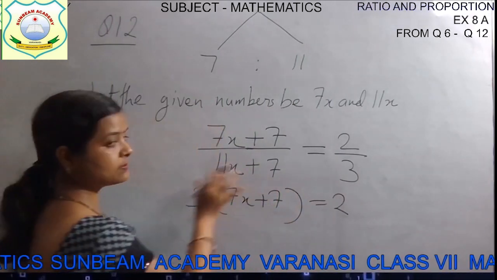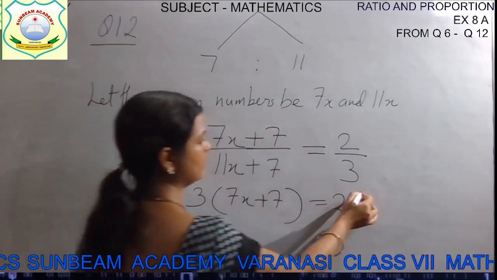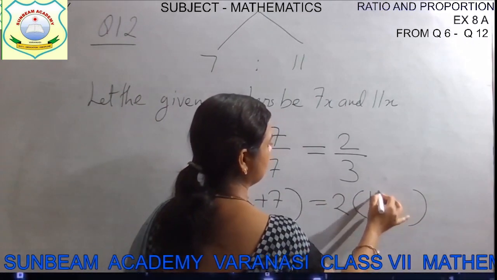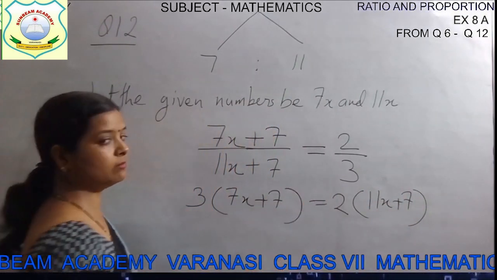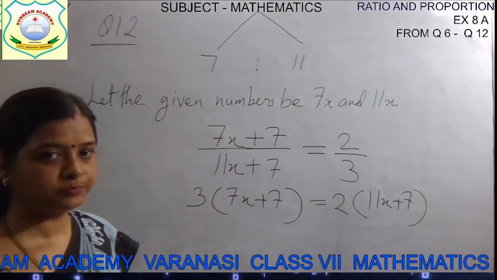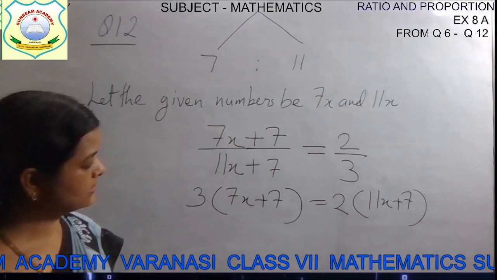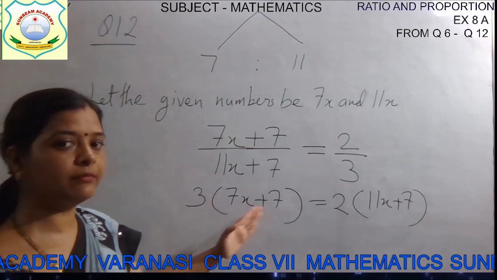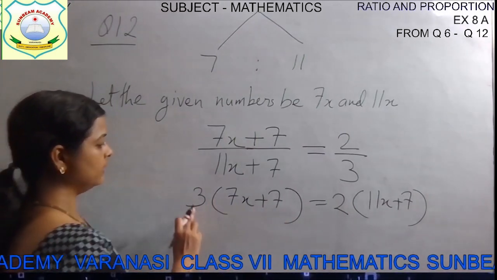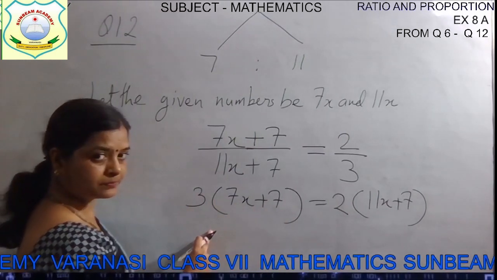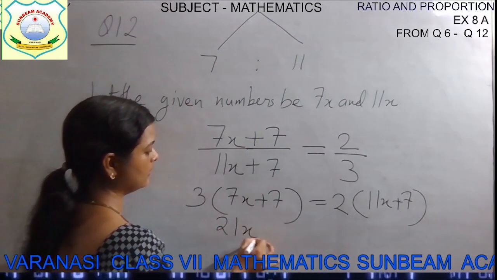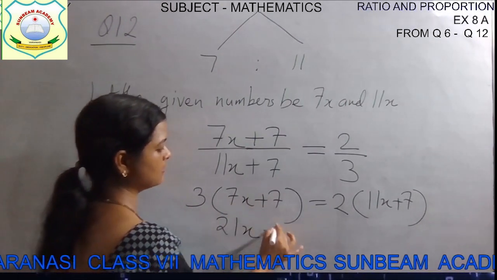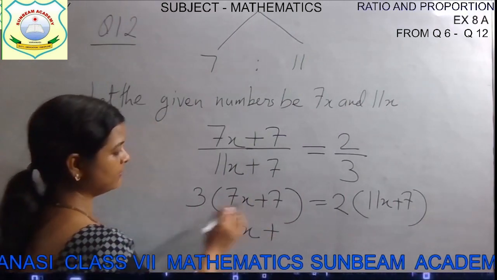And when 11x plus 7 will transpose to that side, what will be the answer? 11x plus 7, when it will transpose, it will multiply with 2. Okay. Now next step, this 3 will multiply with both. So let's solve it. Plus plus plus will come. 7 3s are 21. 21x plus 7 3s are 21.